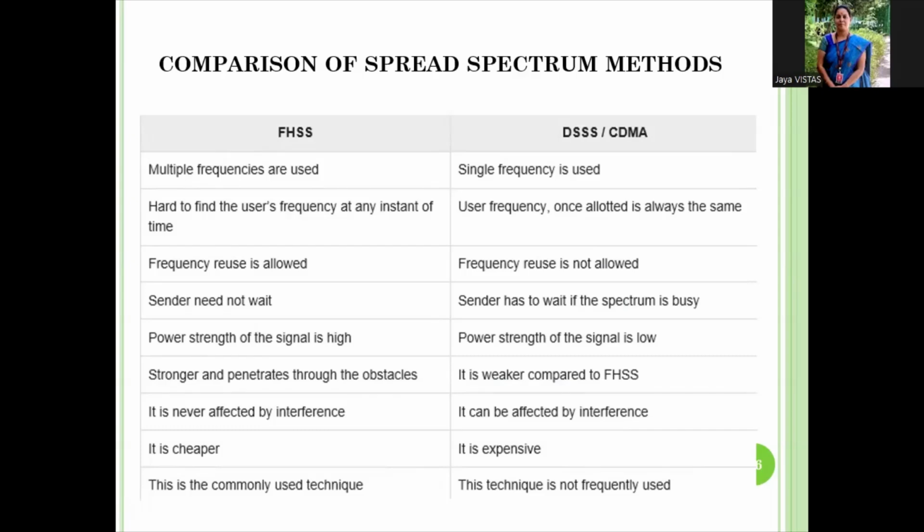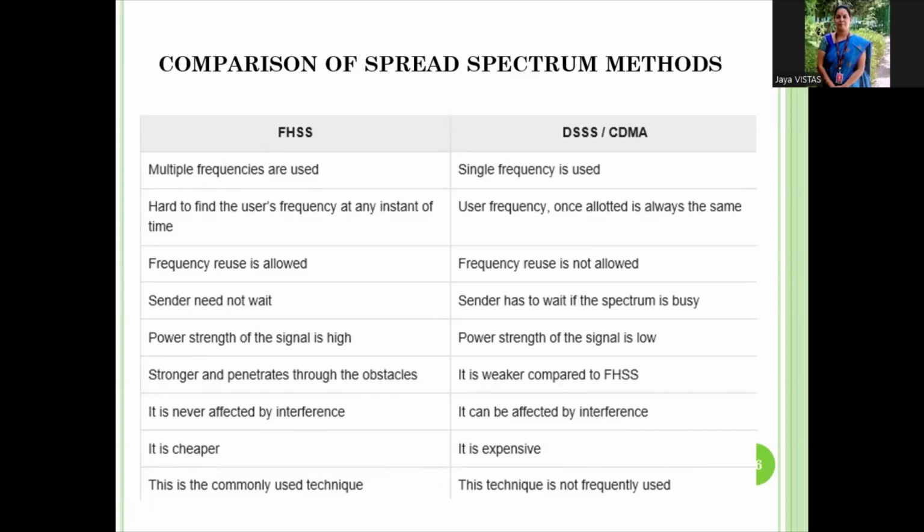In FHSS, it is never affected by interference, it is cheaper and commonly used. But DSSS can be affected by interference, it is expensive and not frequently used.